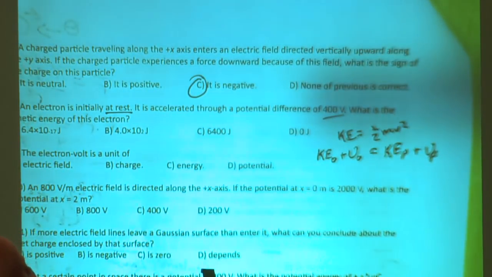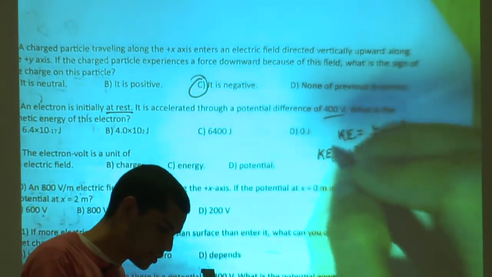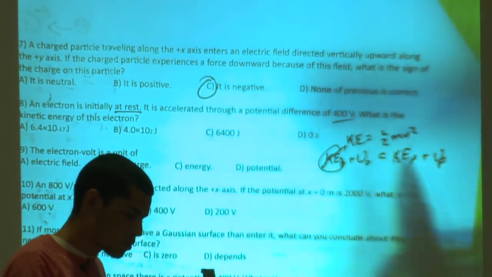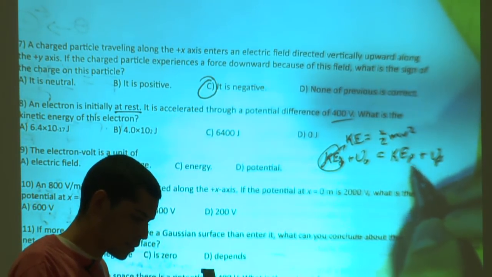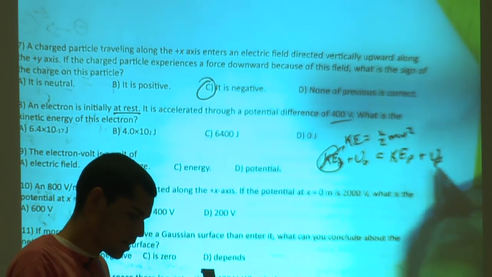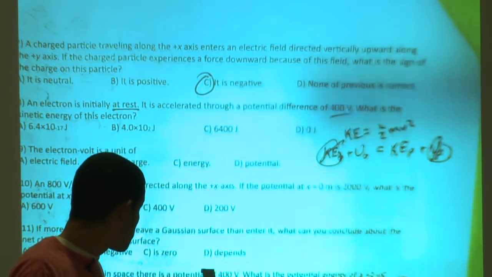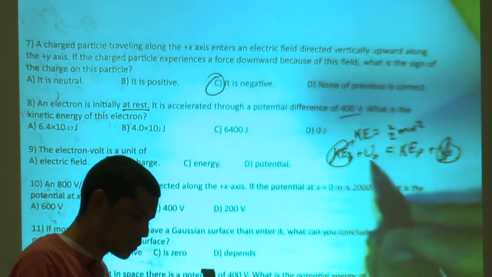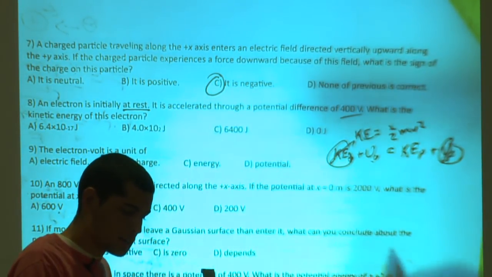Initial kinetic energy is 0. And if it goes through the entire potential difference, then our potential energy final is 0 as well. Thus, our potential energy equals our kinetic energy final.